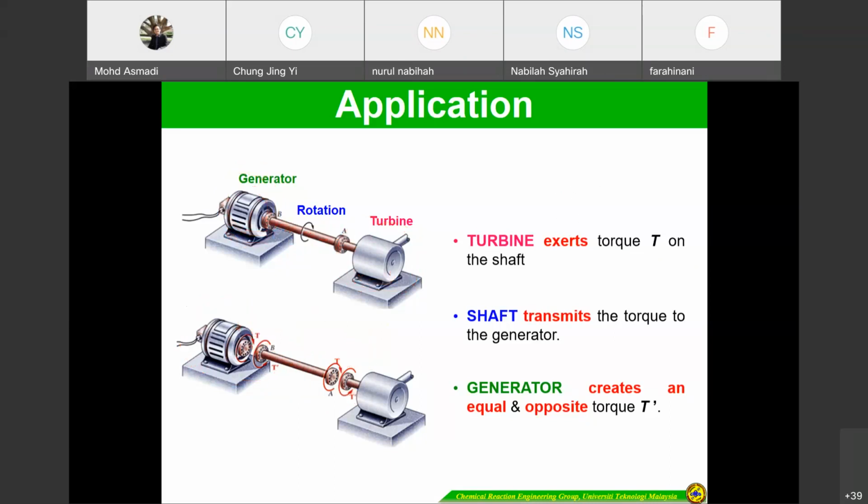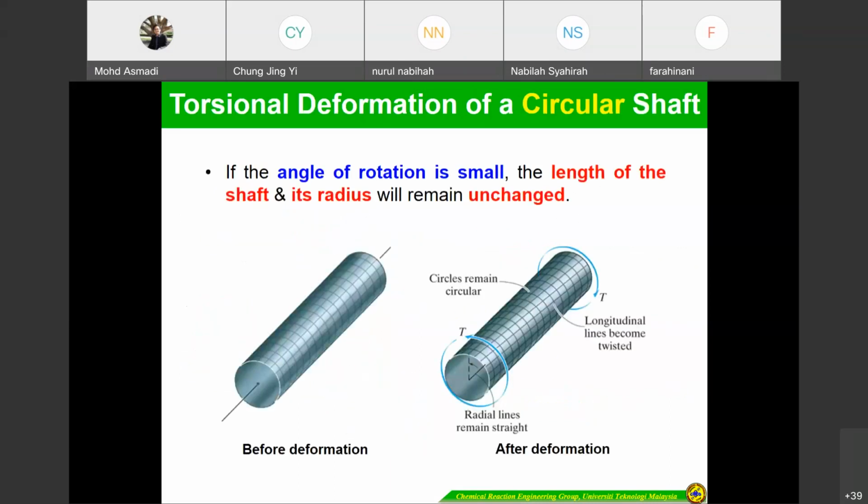That one is the deflections. If you look here, if the angle of rotation is small, the length of the shaft and its radius will remain unchanged. It's very small, so your shaft does not fail. This is before deformation, and this one is after deformation.